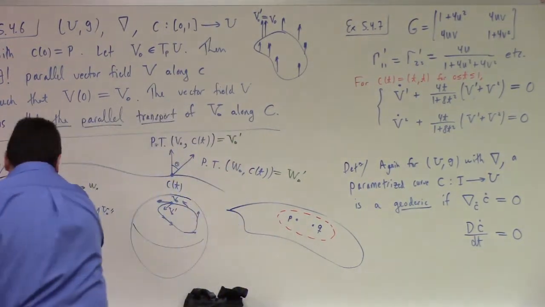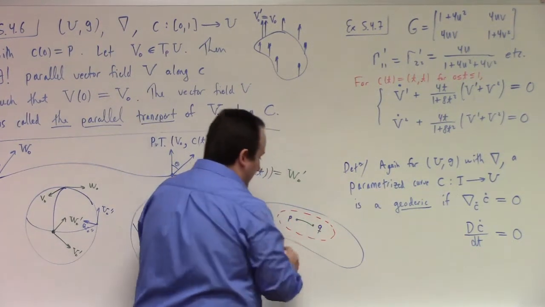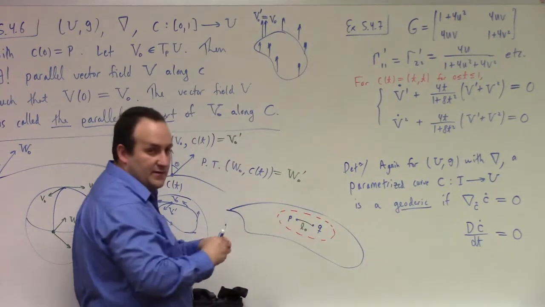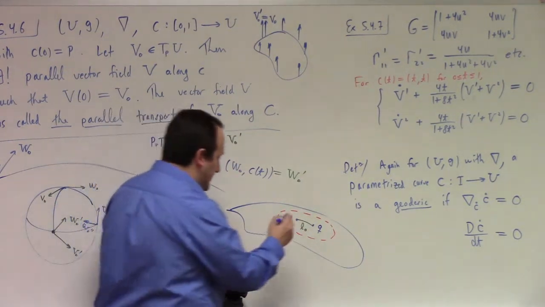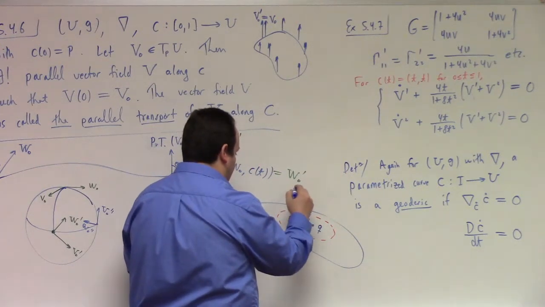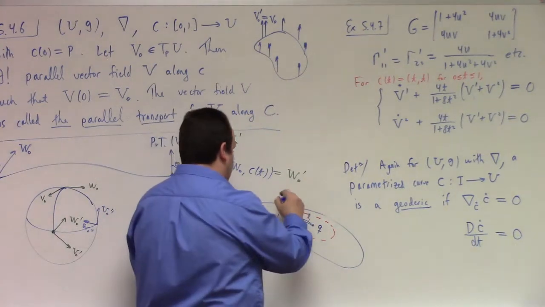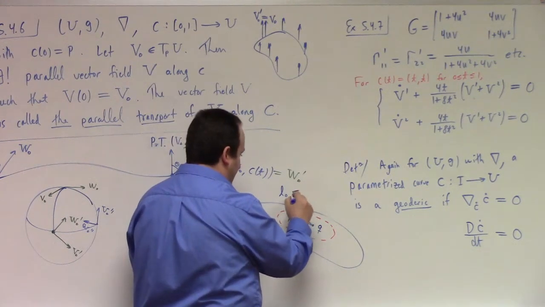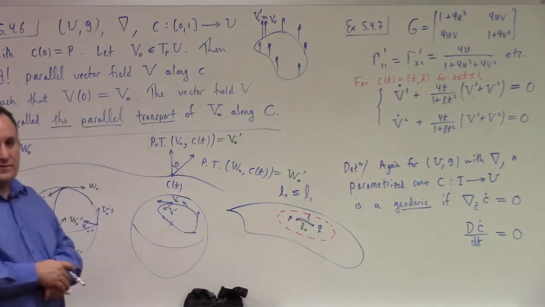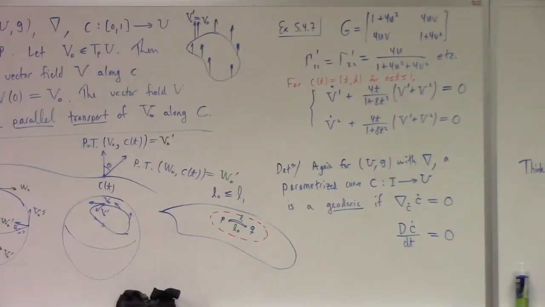You can find a geodesic from P to Q, and call that L naught. And if you take any other curve inside that domain which connects those 2 points, like L1, then, supposing L naught and L1 are the lengths of the curves, L naught will be less than L1.